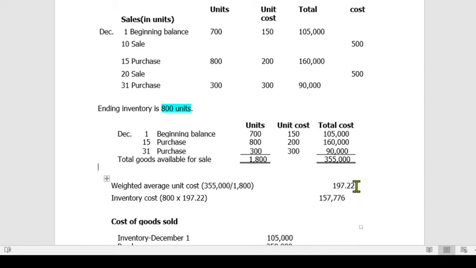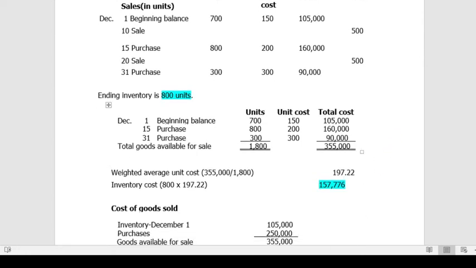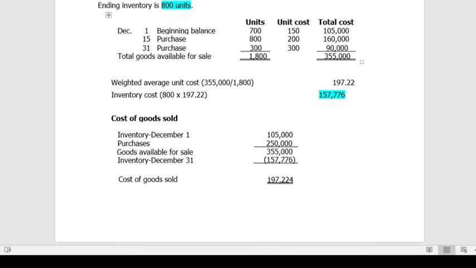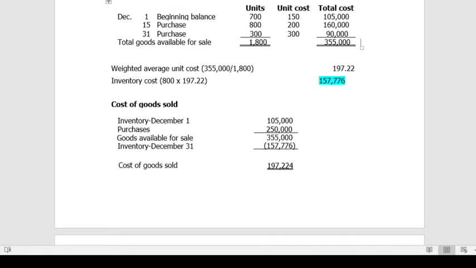So, itong figure na ito, yung weighted average cost, will be used in computing for your ending inventory. So, since ang ending inventory in units mo is 800, you multiply it to 197.22, then you get 157,776 as your inventory to be reflected in your statement of financial performance or your income statement.